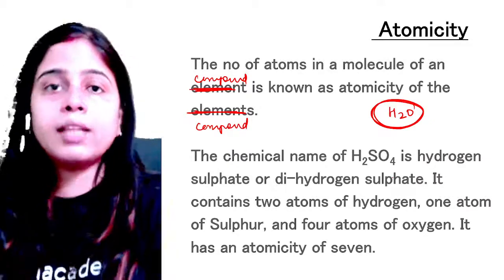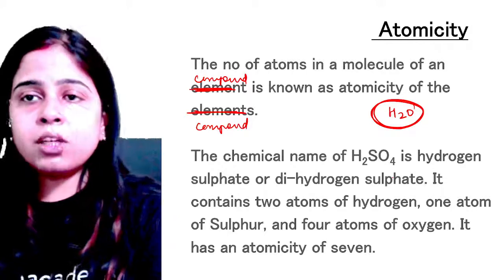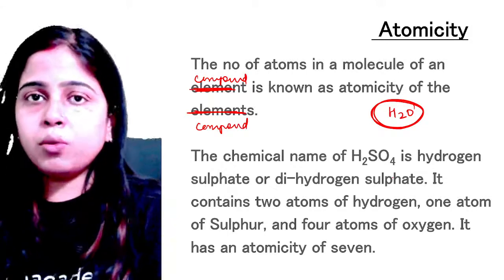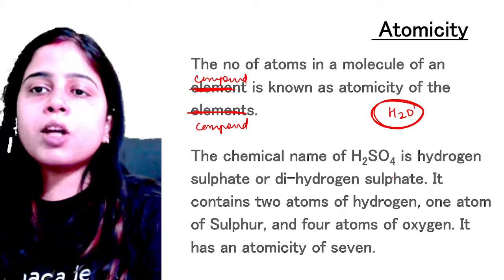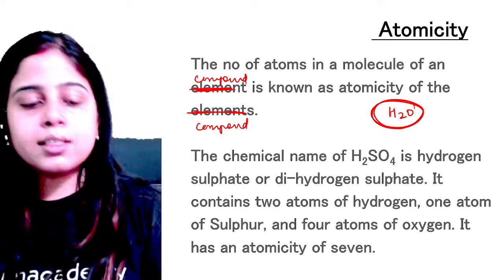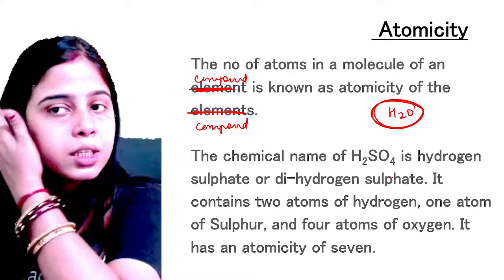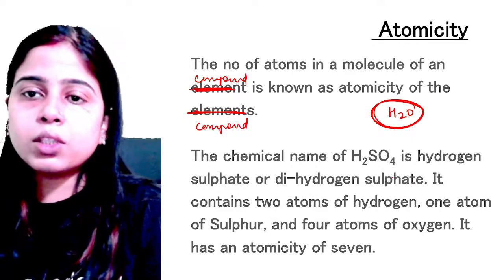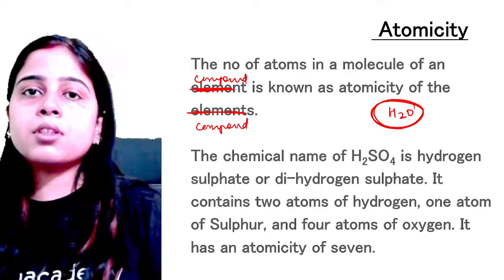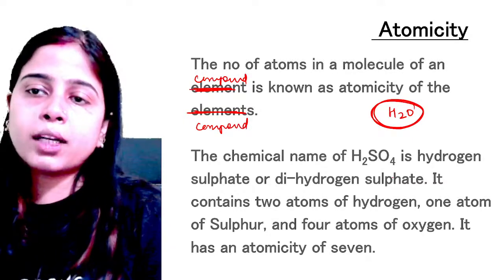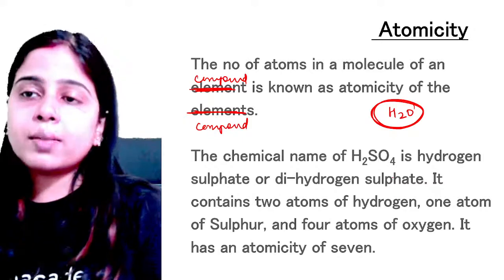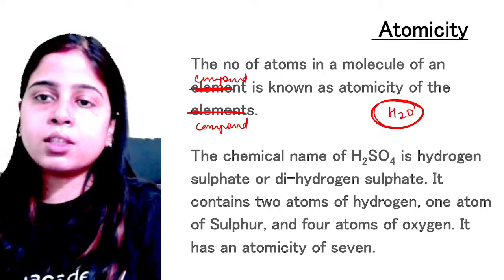That means total 3 atoms are present in this particular molecule of your compound. Okay, that means the atomicity of water is how much? It is 3. Okay, the atomicity of water is 3 because it has a total of 3 atoms present in it, 2 atoms of hydrogen and 1 atom of oxygen.